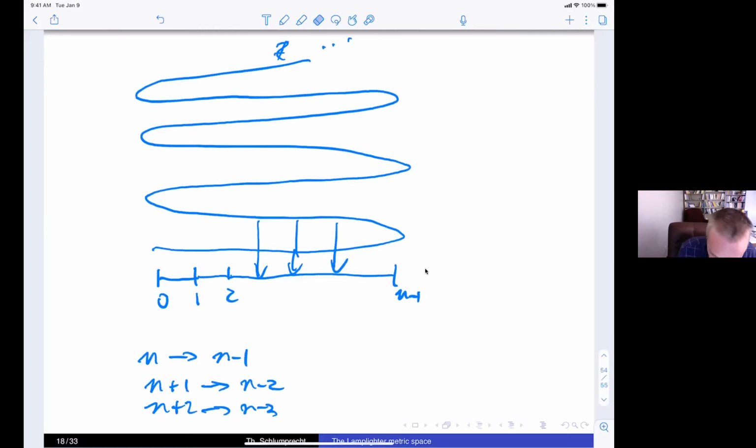Now the problem is that this is not injective, and I don't like that. I want to make neighbors apart from each other. I don't care if something far away is not injective, but this is a problem I don't like.